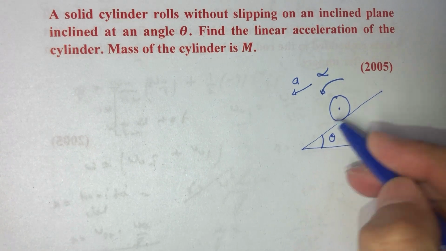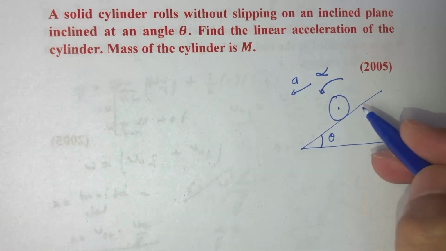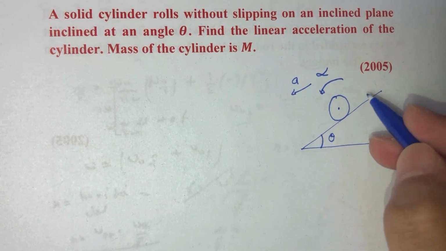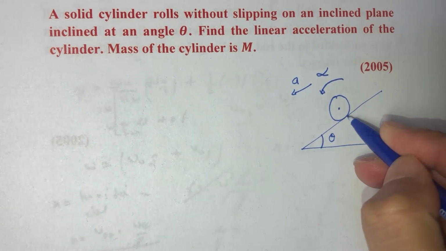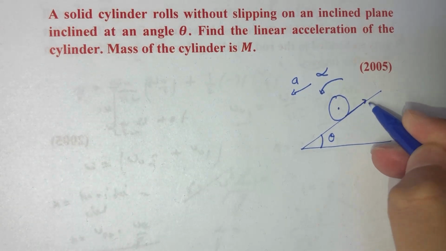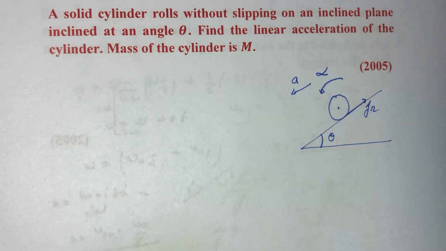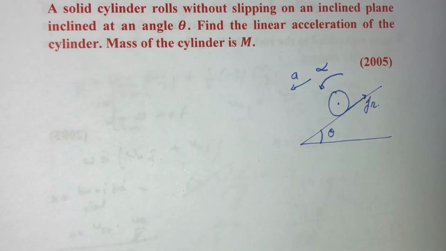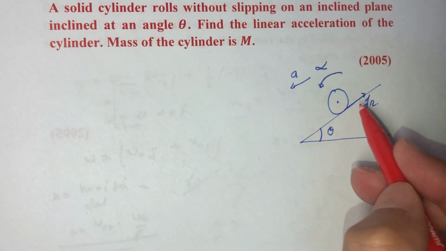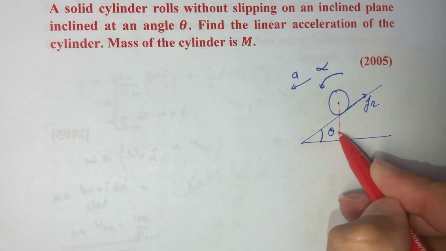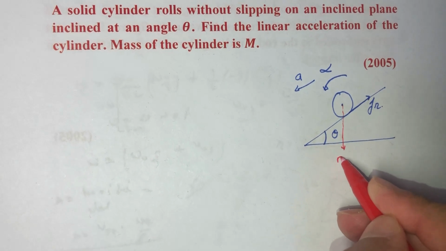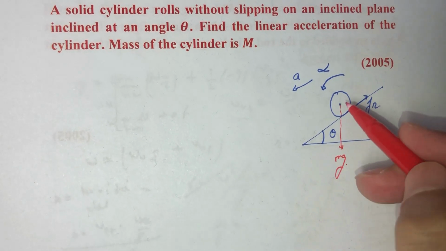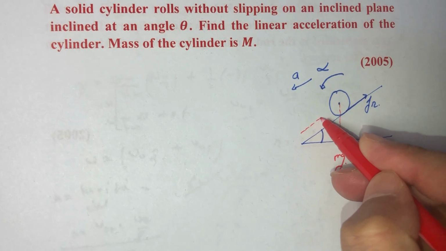So the torque which will be forcing it to roll will be produced by the force of friction, which will be acting in the upward direction. So in this case we are going to have two forces, rather we can say mg acting downward, and this mg can be divided into two components.